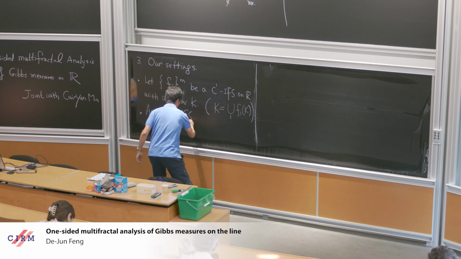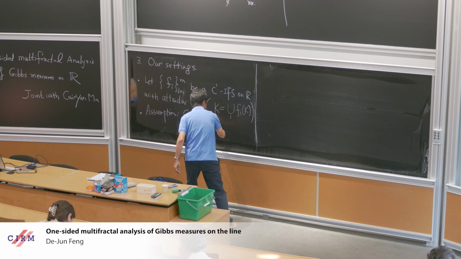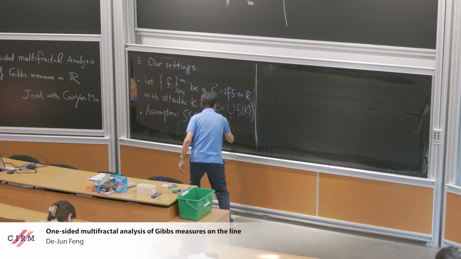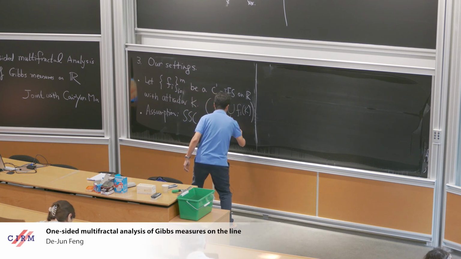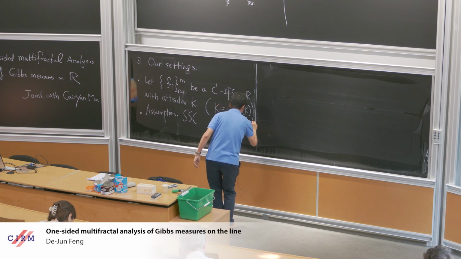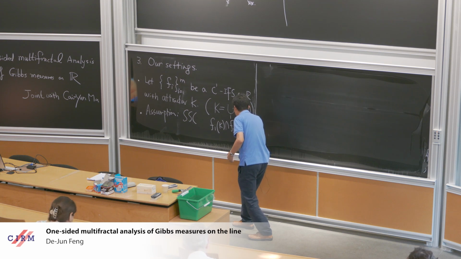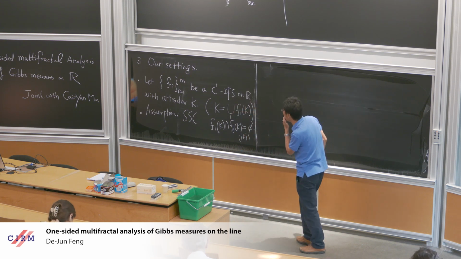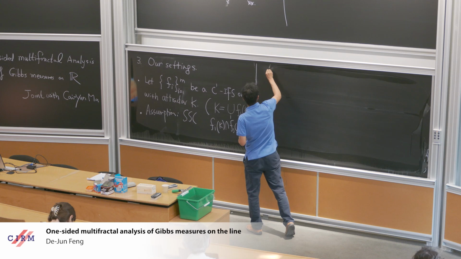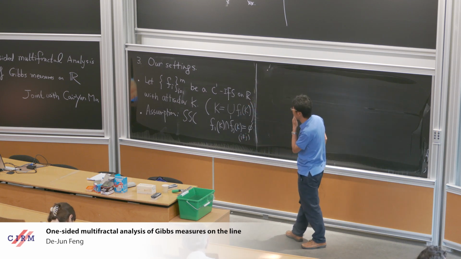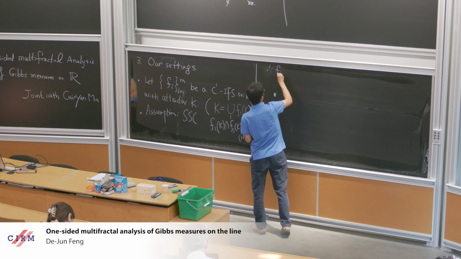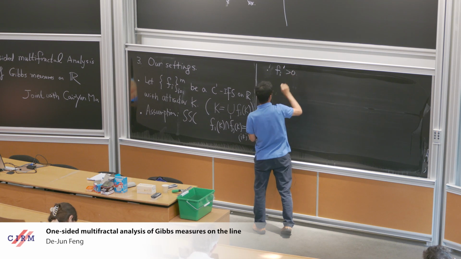Strong separation condition means f_i(K) intersect f_j(K) is equal to the empty set for any i not equal to j. Also, we may assume that each function f_i is monotone increasing, so f_i derivative is always greater than 0.